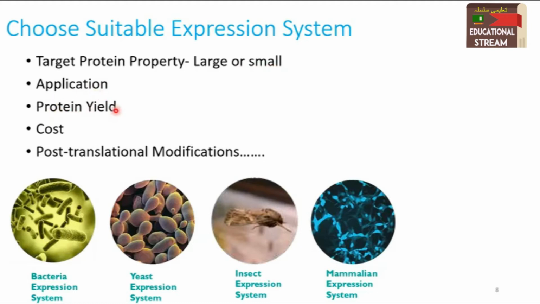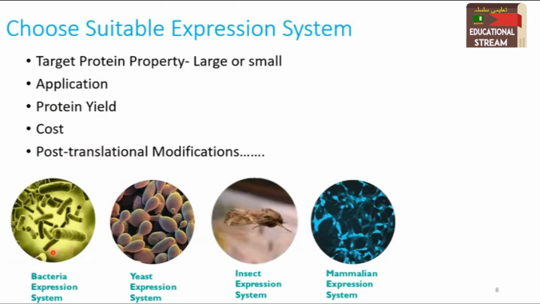Protein yield is also important. If you want to do structural analysis, you need to express the protein with high yield, and you need to choose the expression system depending upon your need, like what will be the cost.